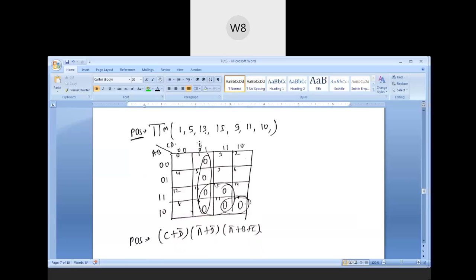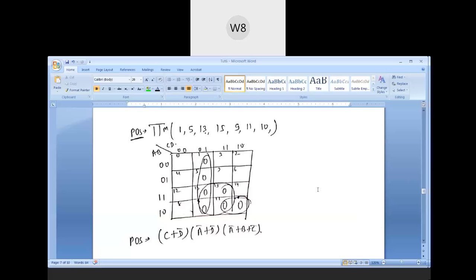So what we do, since each of the terms in this representation are written for 0 values, we fill the Karnaugh map now with zeros instead of 1. And all those cells which appear in this product of max term are filled with 0. And then we again form the groups. So from now onwards, this is the similarity with the previous case.